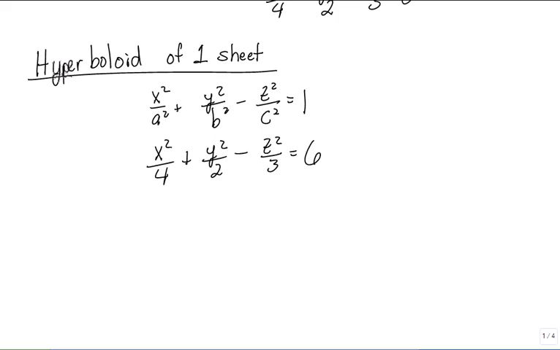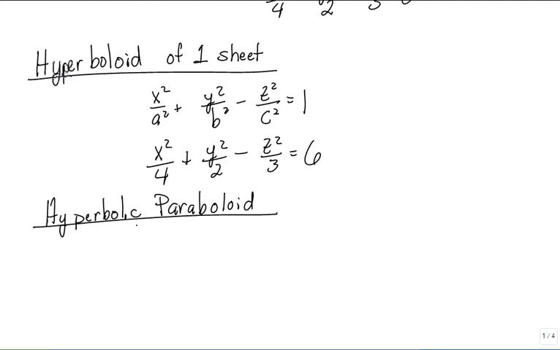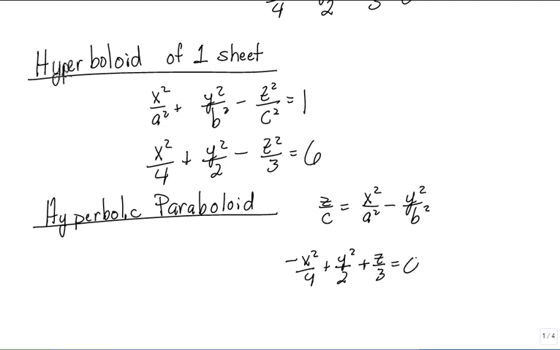Okay, let's look at hyperbolic paraboloid. Okay, one of the variables is not squared, and there's a negative sign. Okay, so let's look at this example.